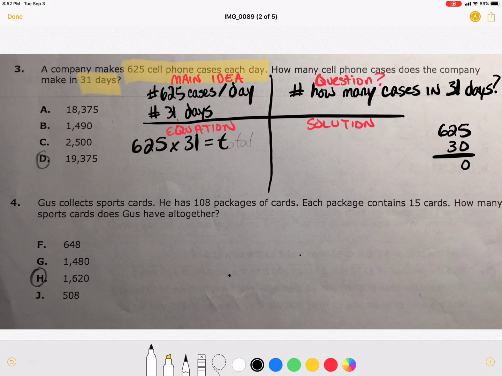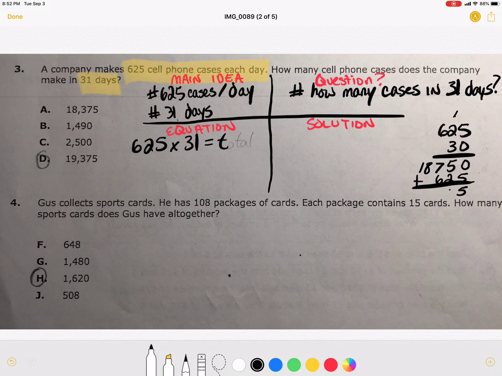3 times 5 is 15. 3 times 2 is 6. 1. 6 plus 1 is 7. 3 times 6 is 18. So 18,750. And since we did 30, we can just add another 625.